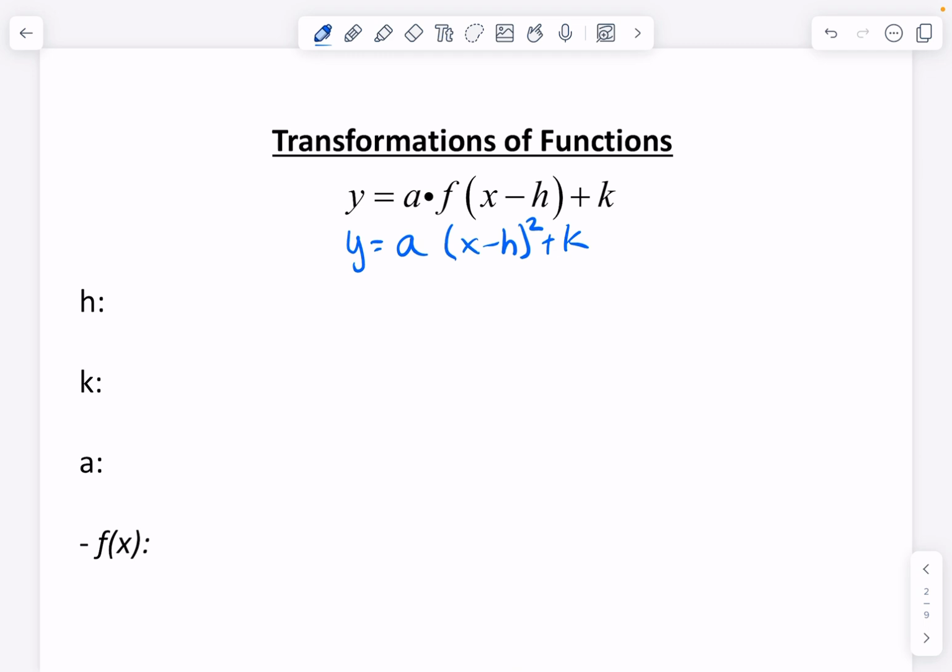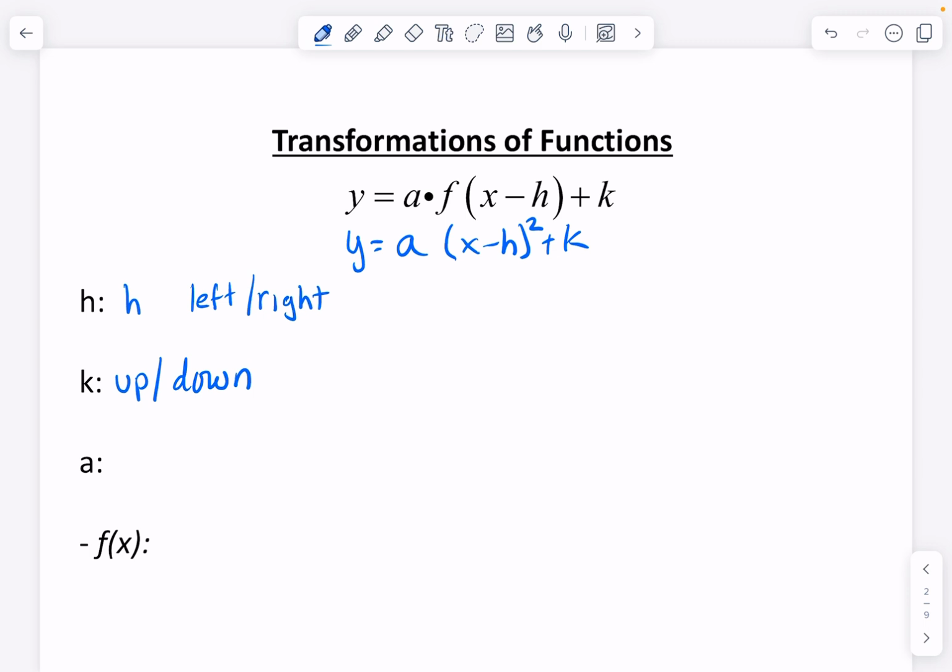What you want to think about: remember h moves left or right, and it's opposite of what it looks like. So if it's x minus 3, it's going to move 3 to the right. And k is up and down, exactly what it seems.